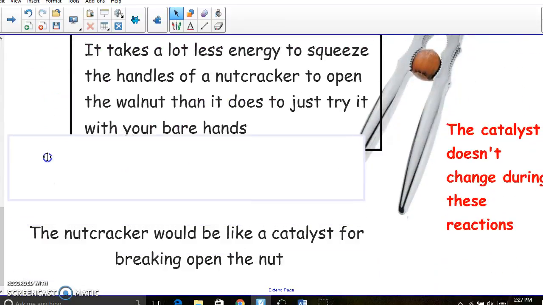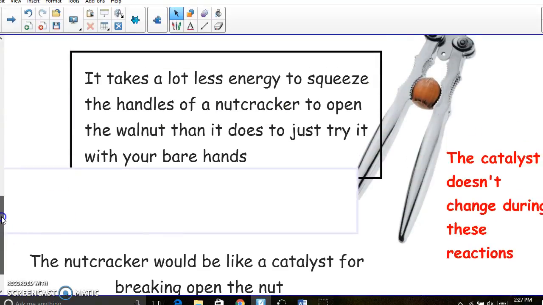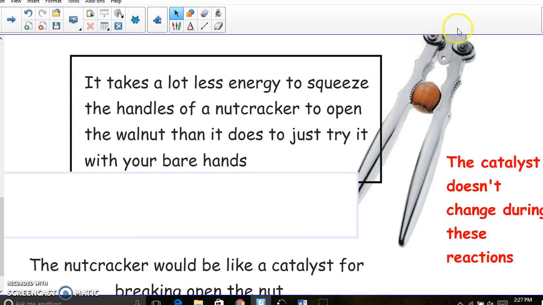And I want to point out another thing too, is that this nutcracker doesn't get used up. It's a tool. An enzyme is just a tool. It can be used over and over again. The catalyst doesn't change during these reactions. It doesn't get consumed. It doesn't get used up. It can be used over and over.